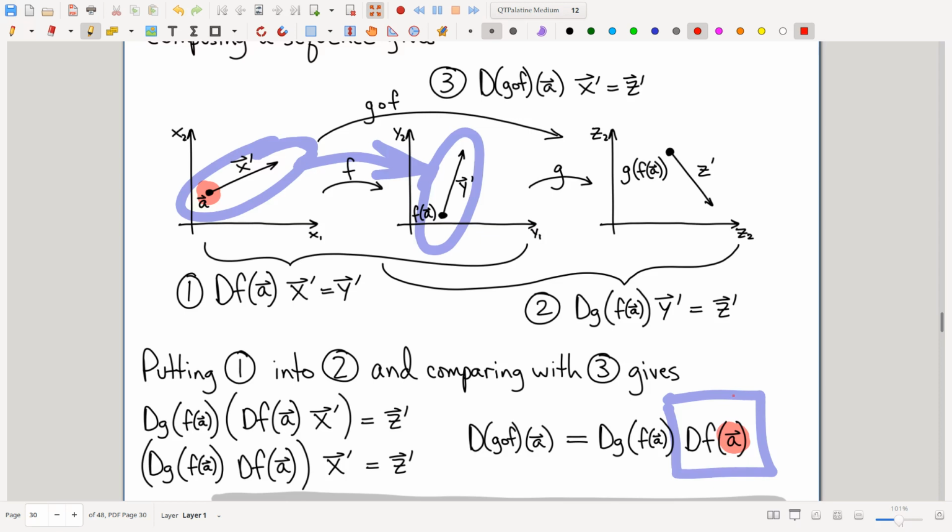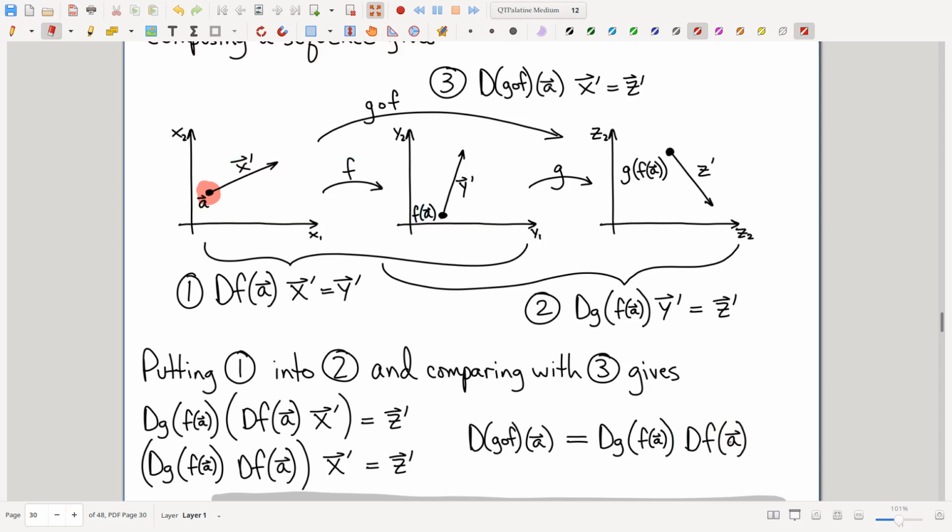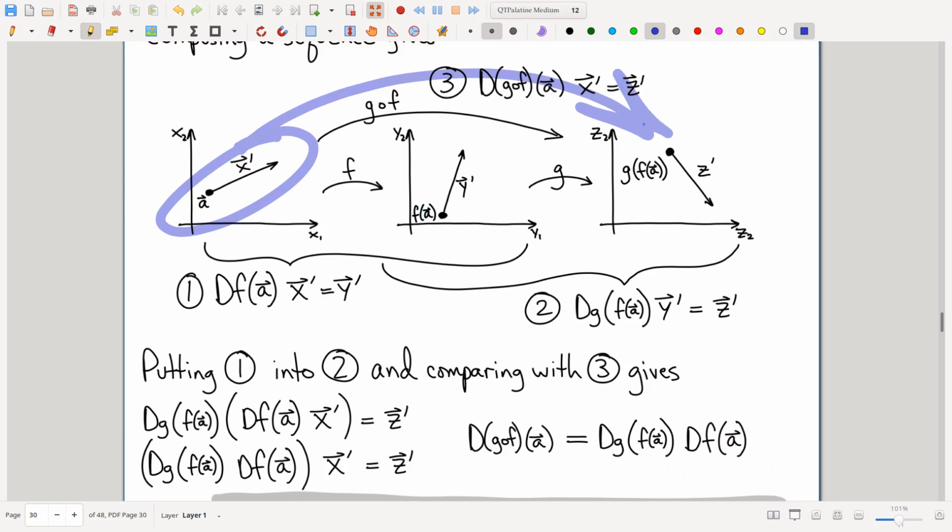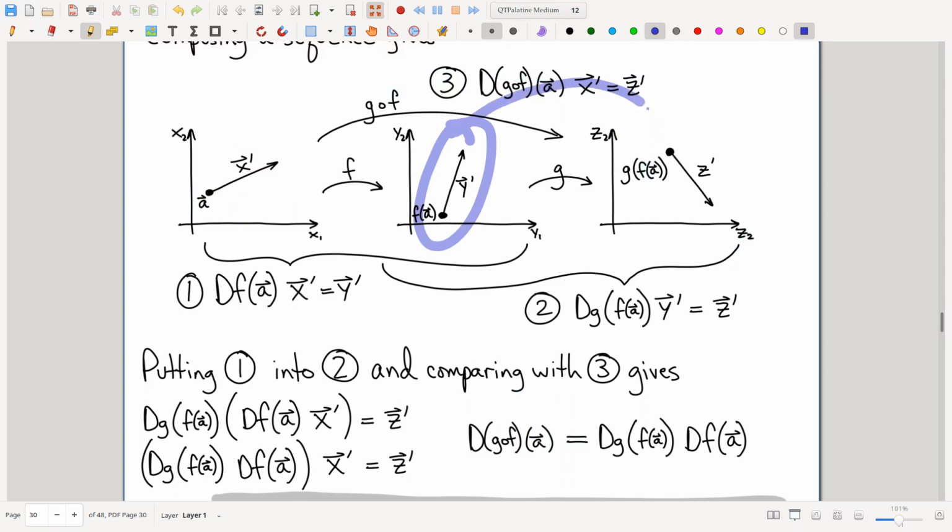Okay, so let's look at the composition. The composition takes this as the input velocity and gives that as the output velocity. And when I'm, again, moving with velocity x prime, I am at the point A. So the derivative of the composition is also evaluated at A. Okay, now let's think about dg. dg turns that as the input velocity into that as the output velocity. And where am I? Am I at the point A?